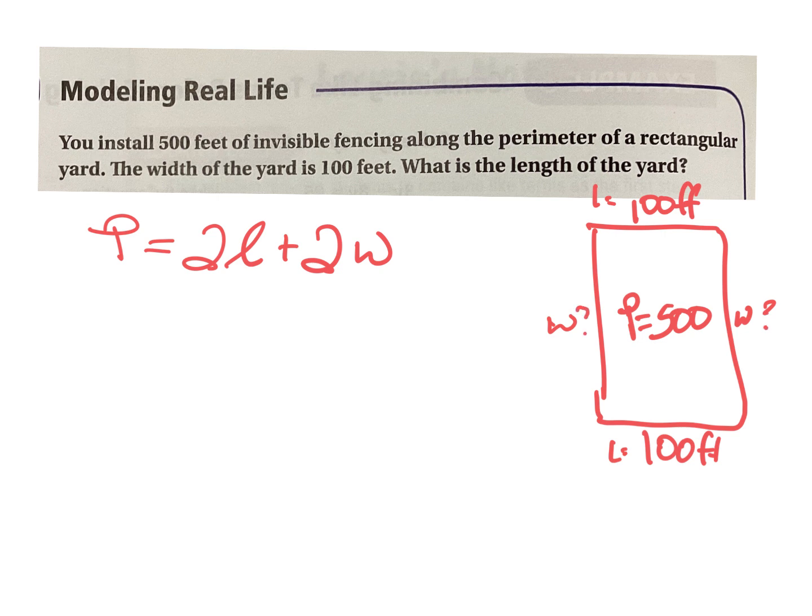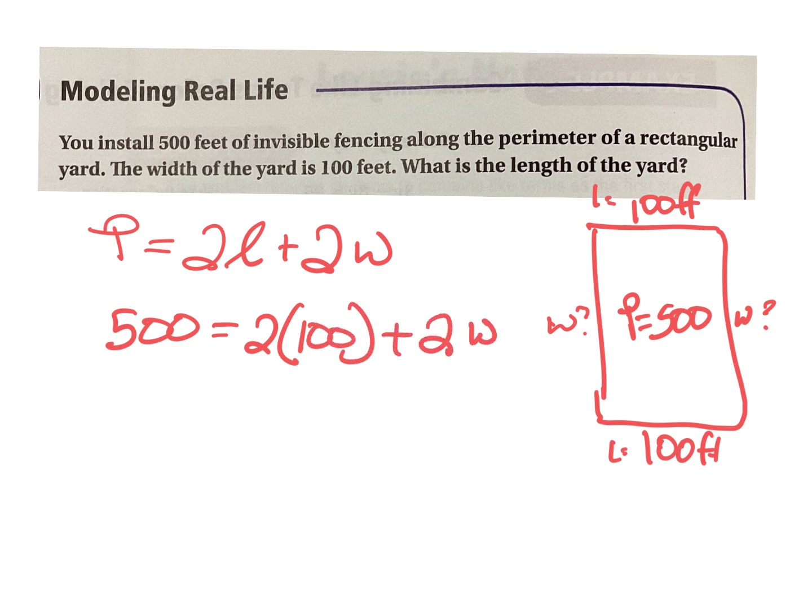Okay, so I'm going to plug it into this formula. Perimeter 500 equals 2 times the length. Length is 100 plus 2 times the width. That's what we don't know. So let's put these two things together because we can. 500 equals 200 plus 2w.